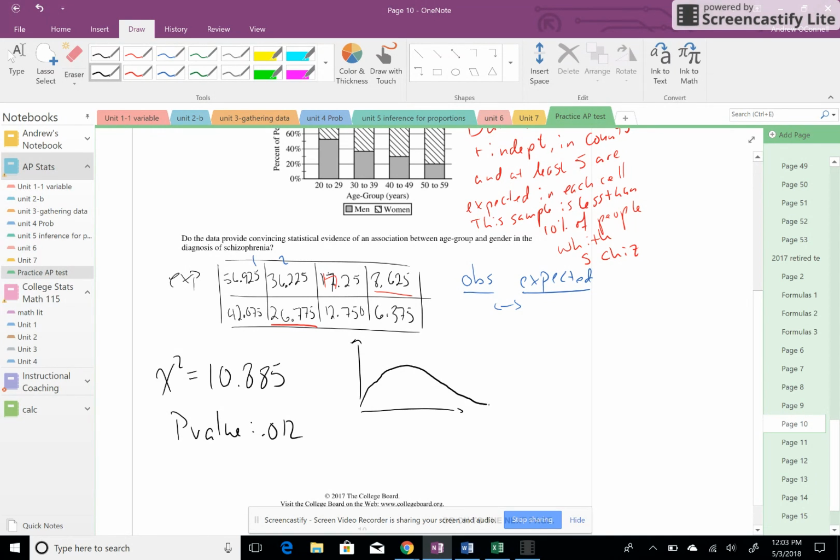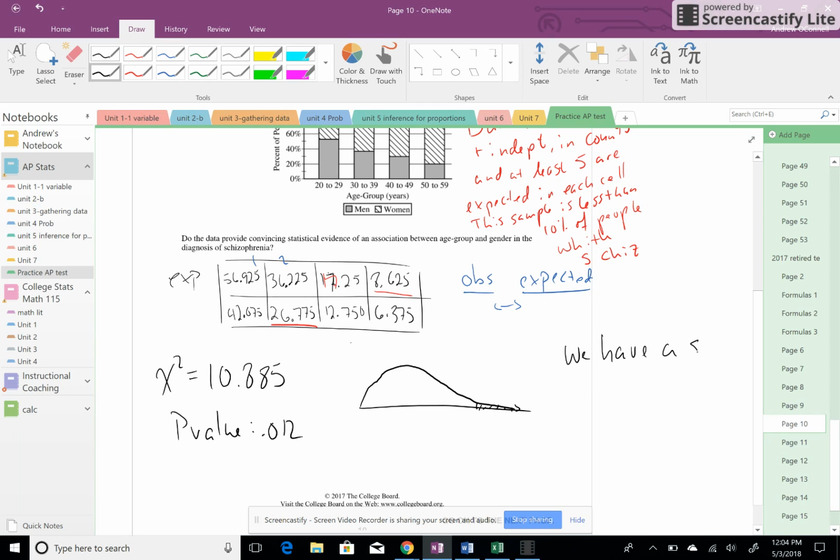Remember, chi-squared is always very heavily skewed right. That p-value is really small, so you might want to shade it and identify that we have a very small p-value. I wouldn't even say 1% is very small, but 1% is significant.